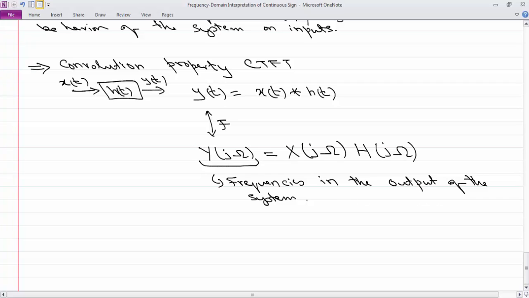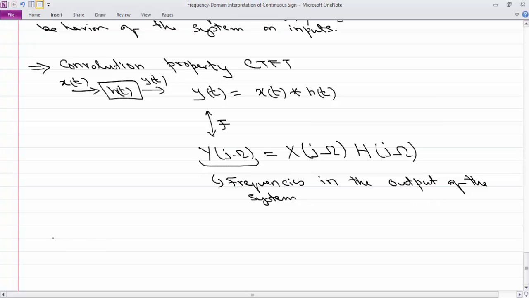So if you look at this relationship, what we see is that the frequencies in the output are related to the frequencies in the input signal times the frequencies present in the impulse response. Right?